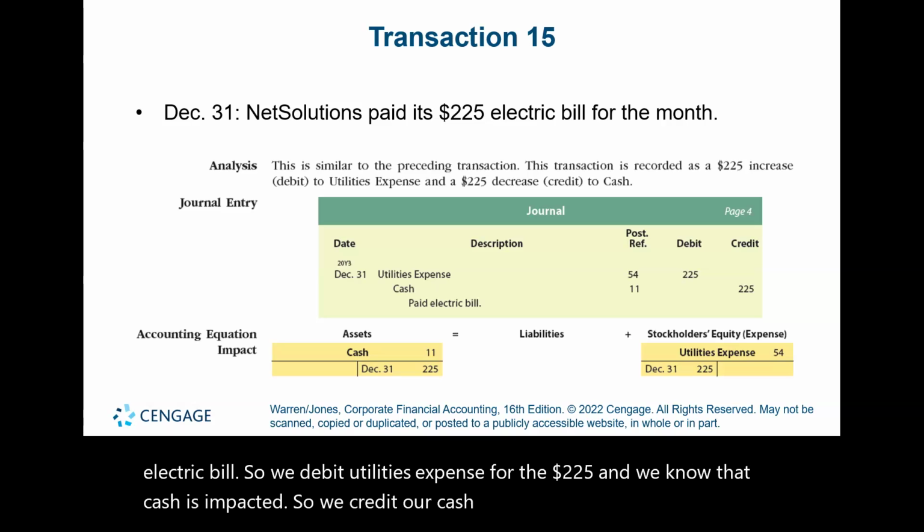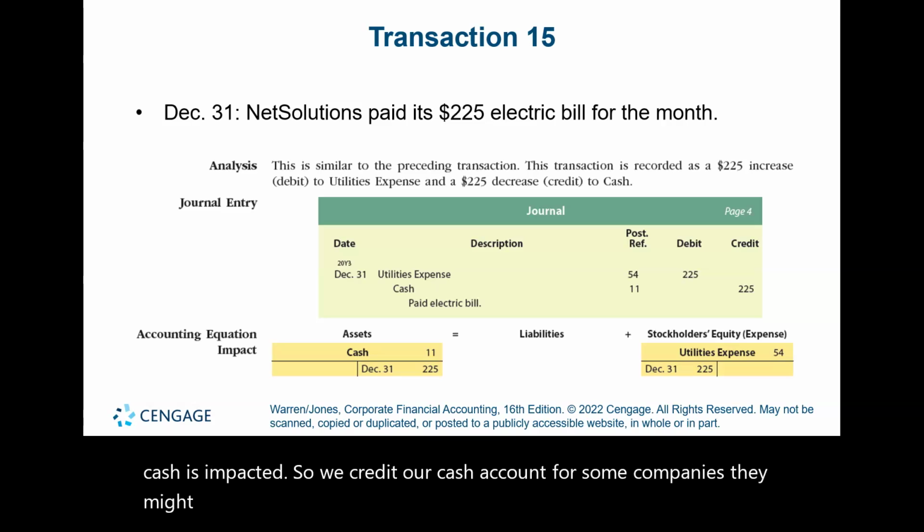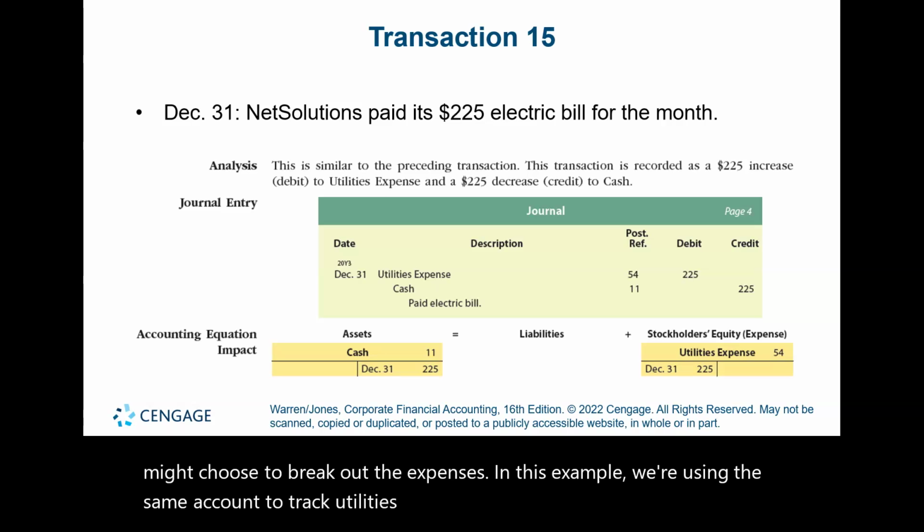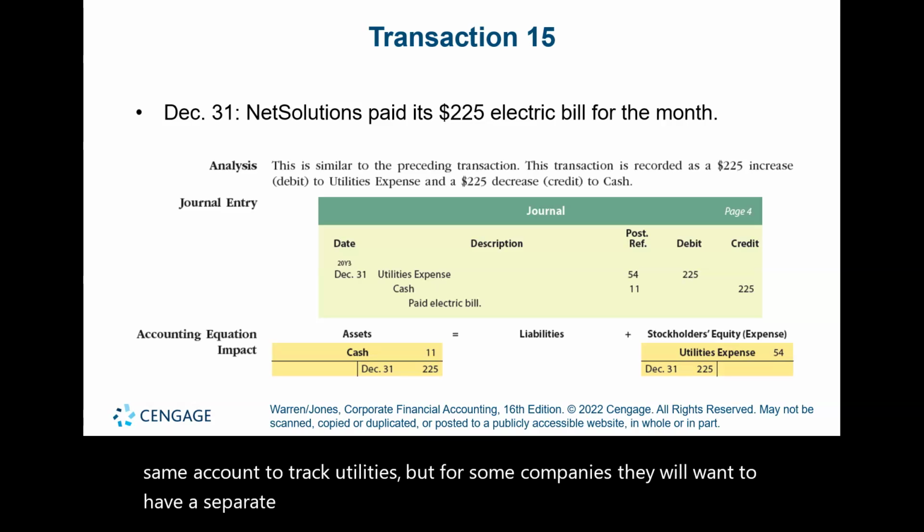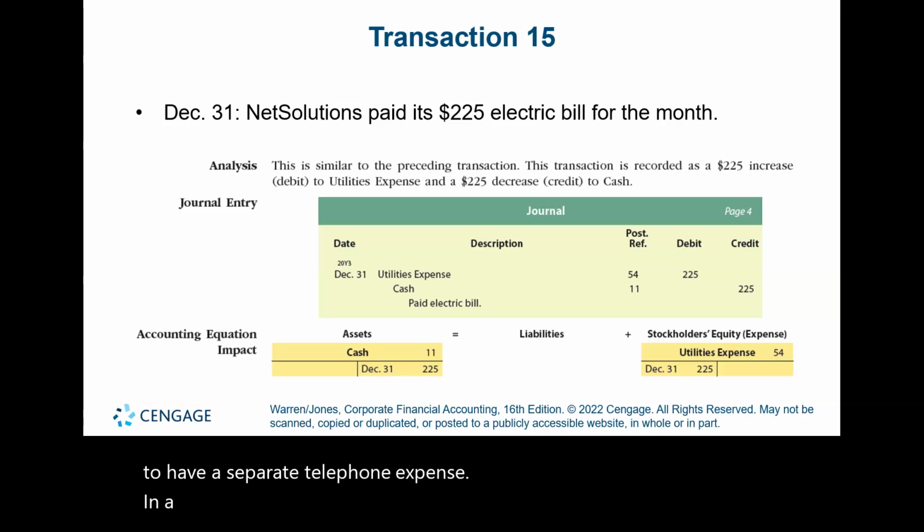For some companies, they might choose to break out the expenses. In this example, we're using the same account to track utilities. But for some companies, they will want to have a separate telephone expense and a separate electricity expense. Same logic, you're still debiting an expense account and you're crediting the cash account.